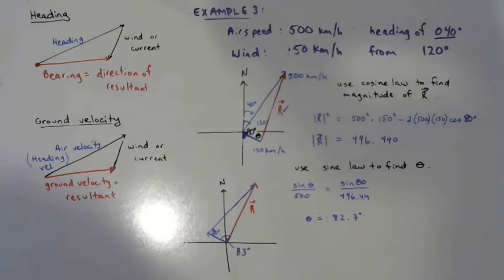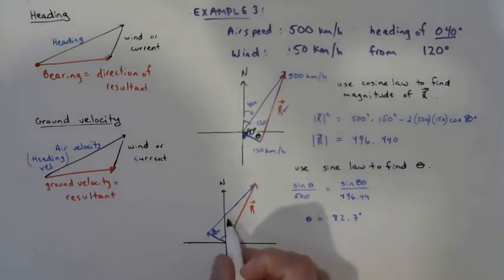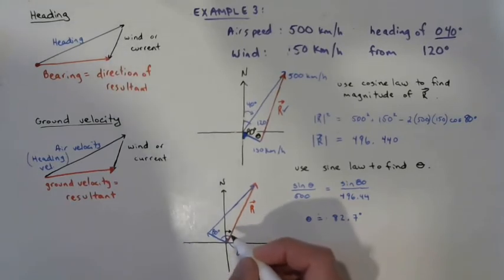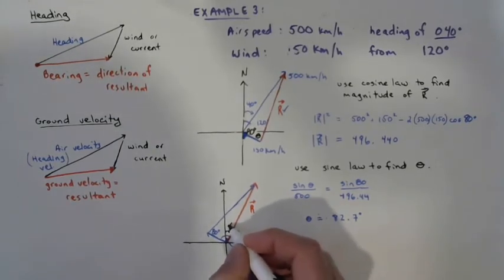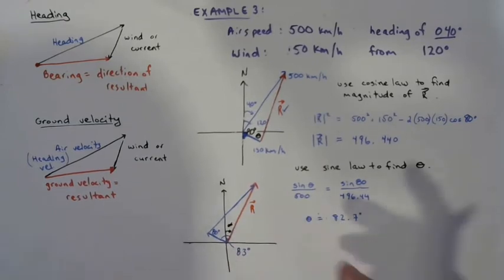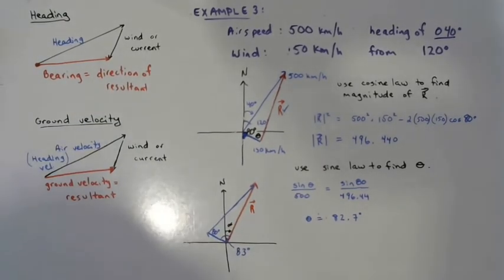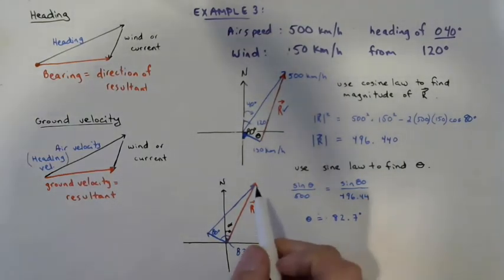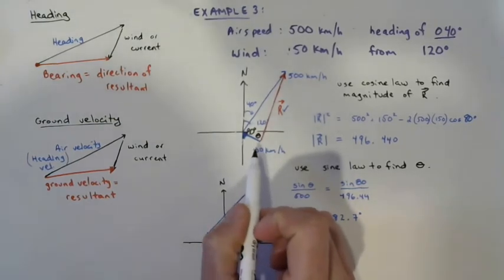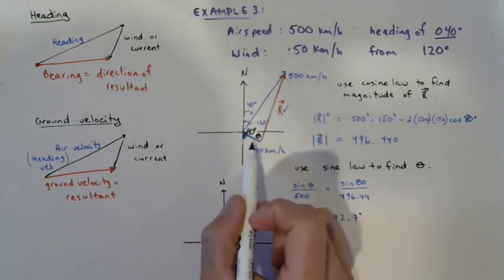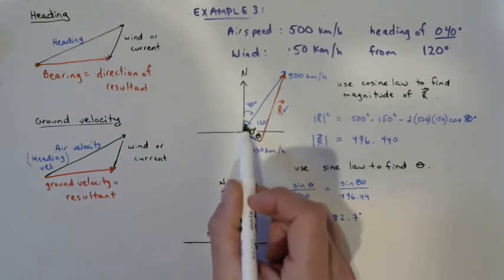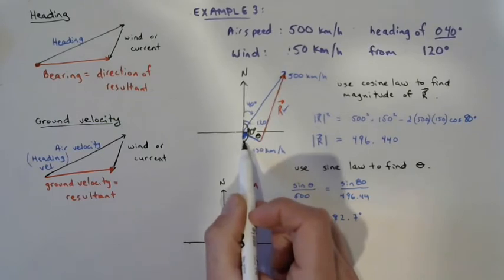And now in order to talk about this with respect to a bearing, I need this little angle right there. Okay, we'll call that angle alpha. And to find the value of alpha takes a little bit of logical reasoning here. If we look back at our first diagram, this original wind vector is 120 degrees, right?